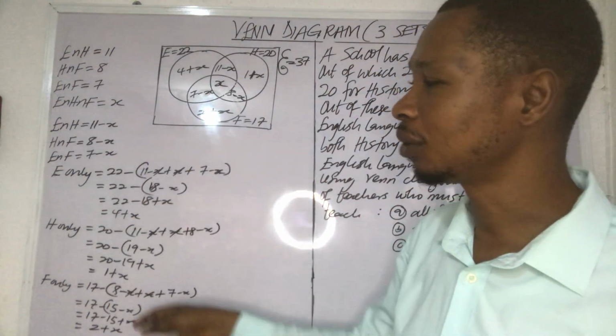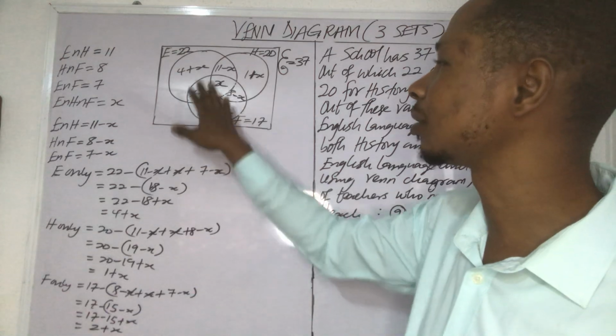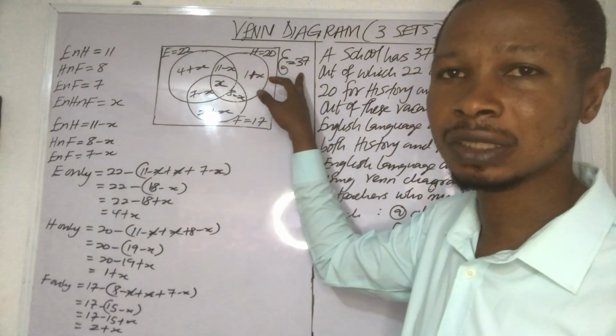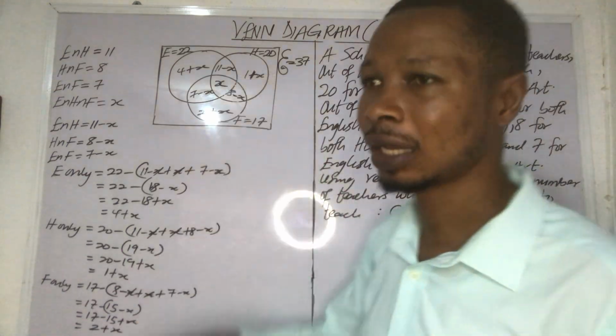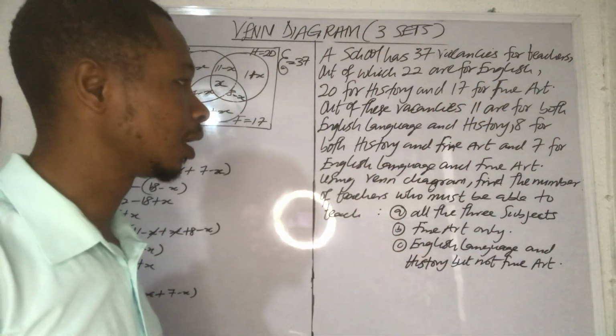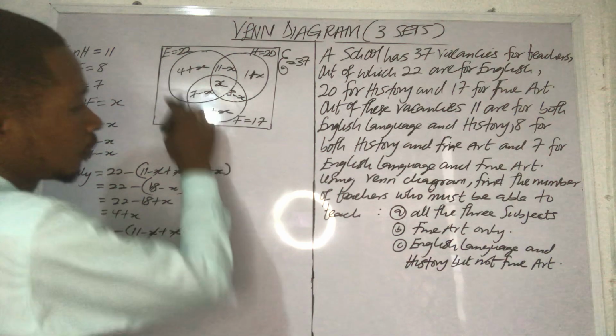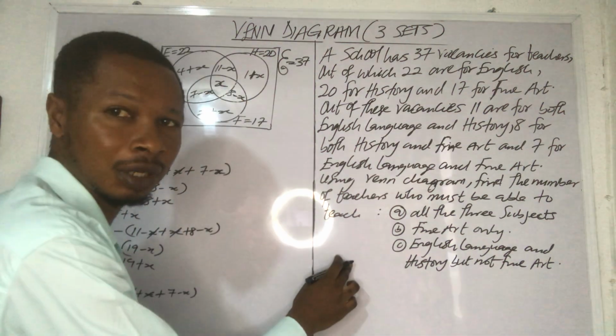Then to find the value of x, if I add everything in the set together, it's supposed to be equal to the universal set. From there, I can get my x. So let me solve that here.